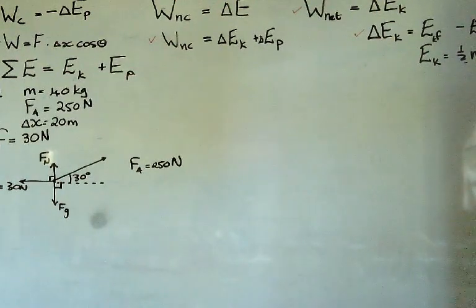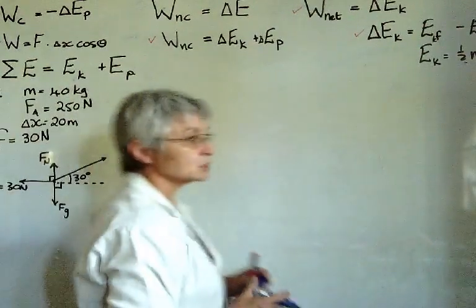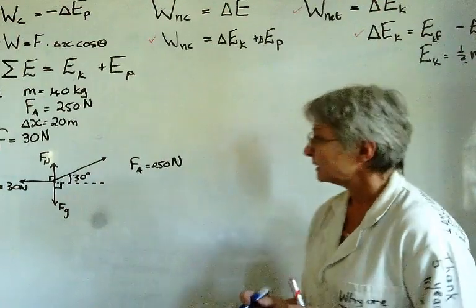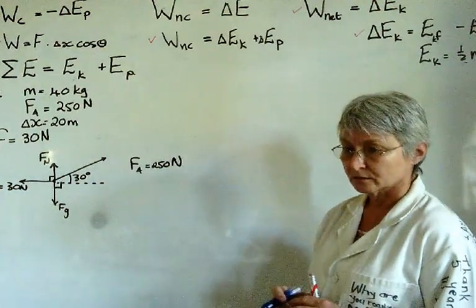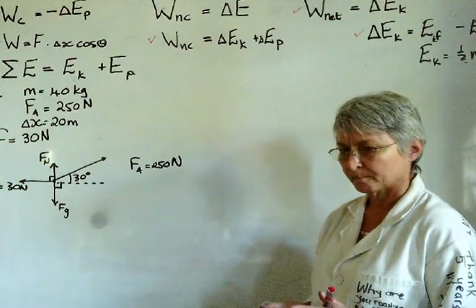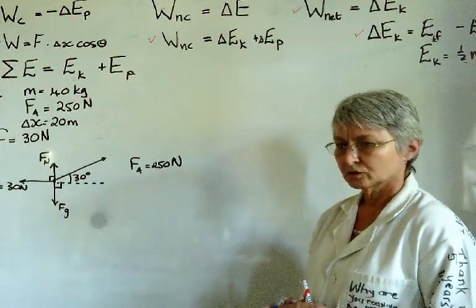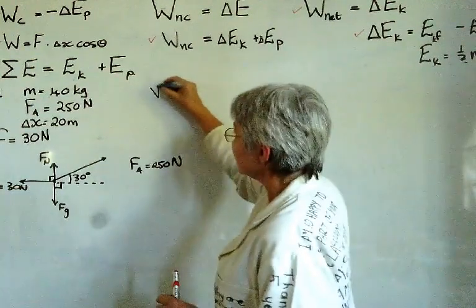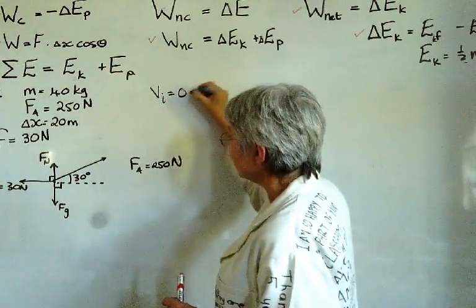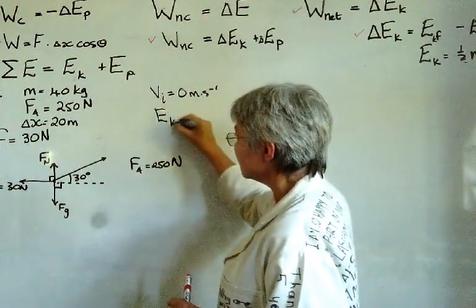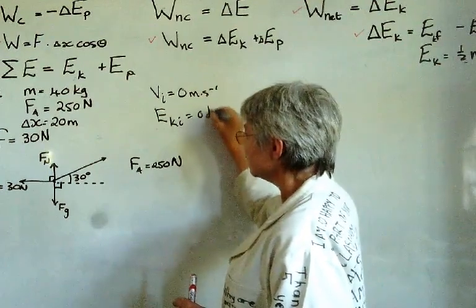Okay. So use the work energy theorem to calculate the velocity after 20 meters. Did they say anything about the starting velocity? So the initial velocity is 0 meters per second. So the initial kinetic energy will be 0 joules. Okay, I don't have to calculate it.